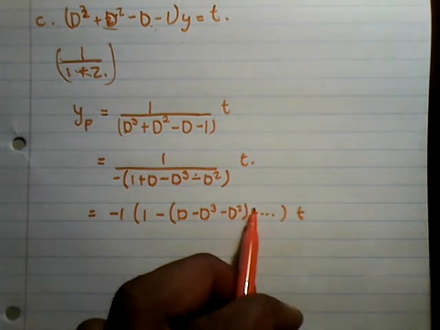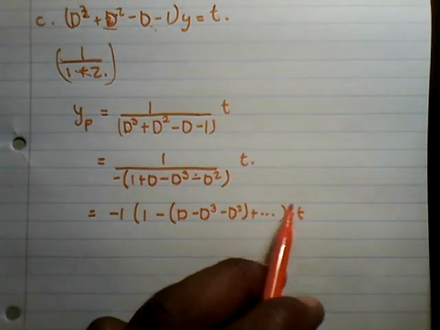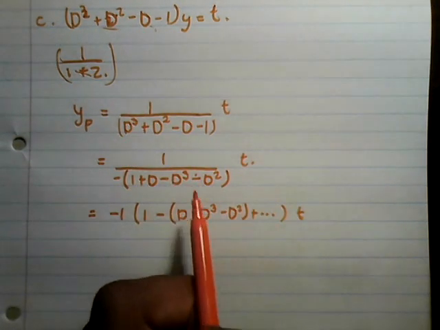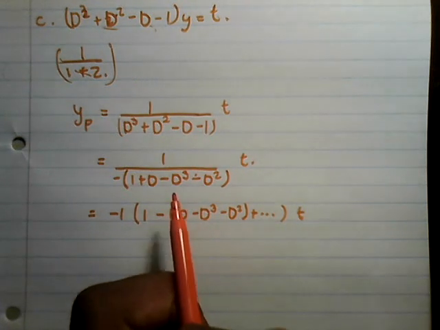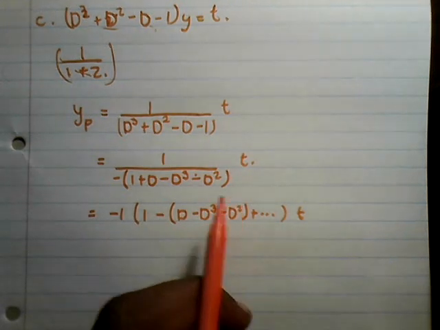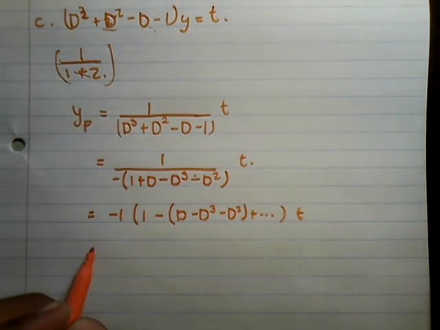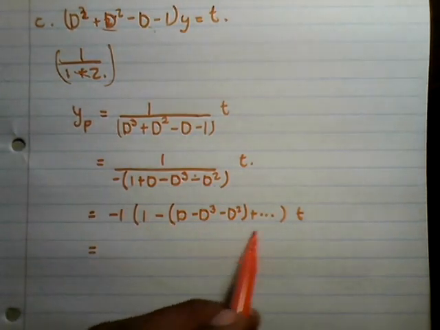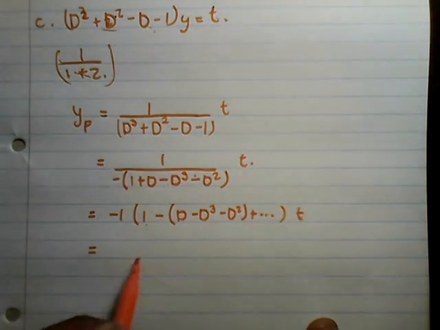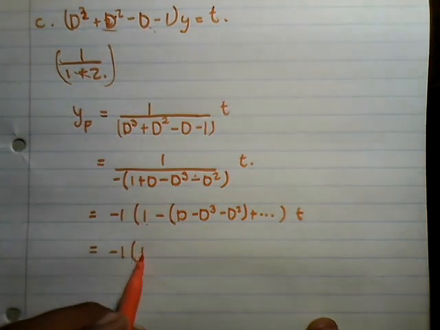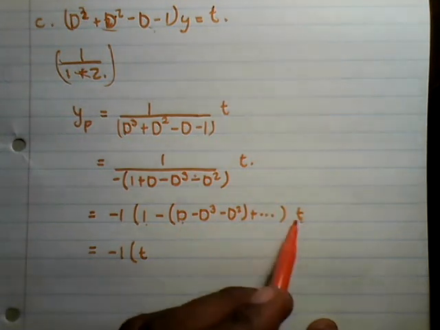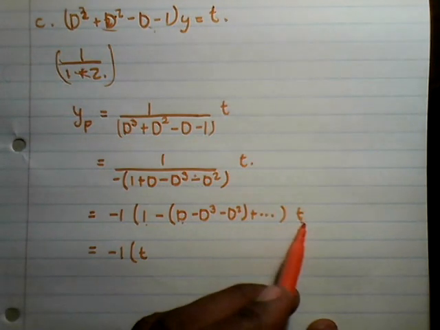Note that I stopped. I did not continue to square and then cube and all that, because I realized that the highest power of t is 1, so only one derivative can be taken, which is this one, and the rest will be useless because they will give us 0. So t multiplied by 1, we get negative 1 multiplied by t, and the first derivative of t is equal to 1.